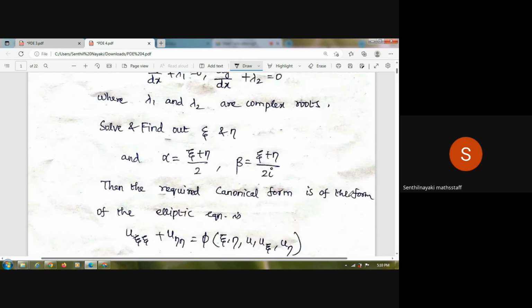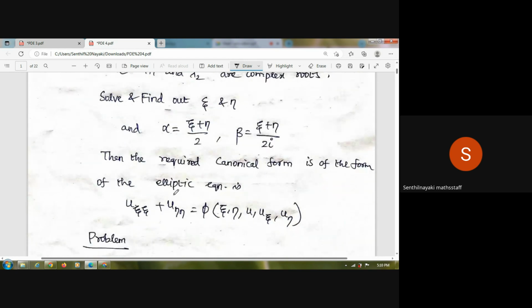Then the required canonical form for the elliptic equation is u zeta zeta plus u eta eta equal to phi of this. This is the canonical form for the elliptic equation.